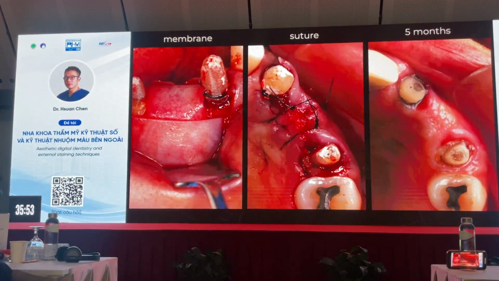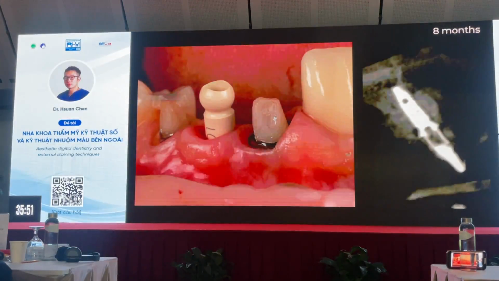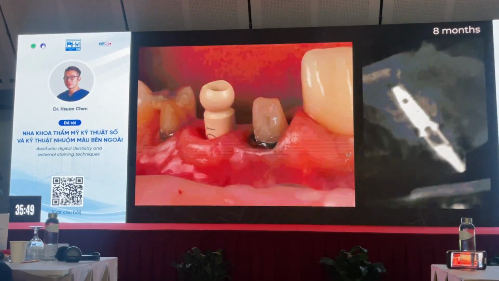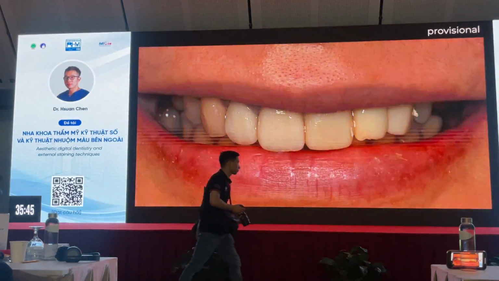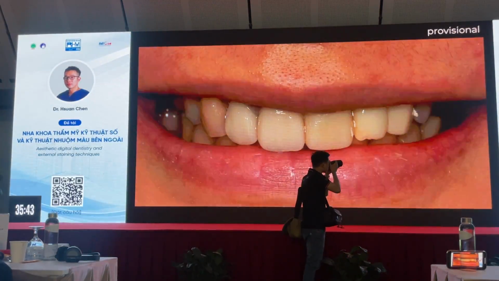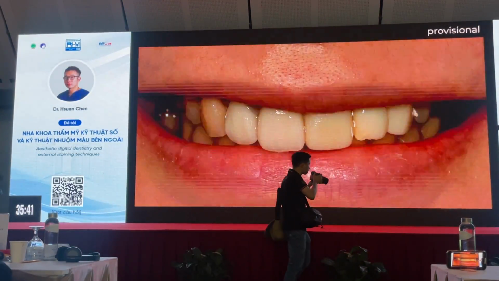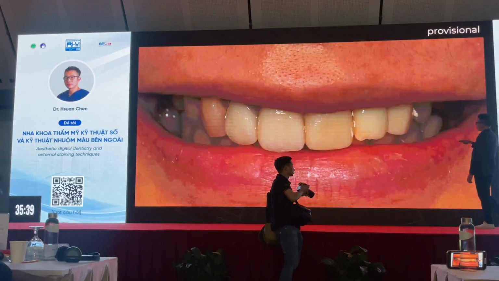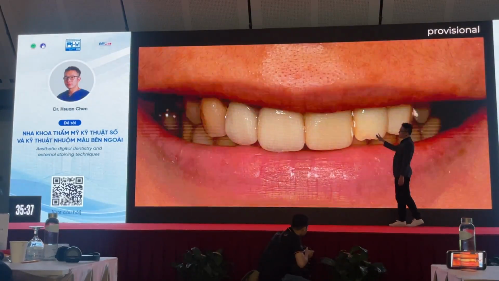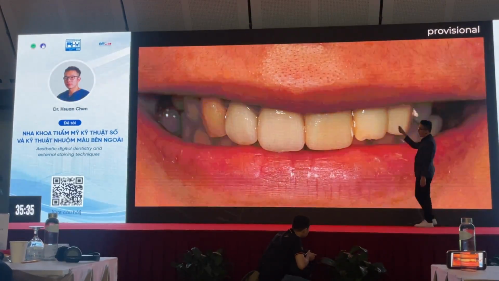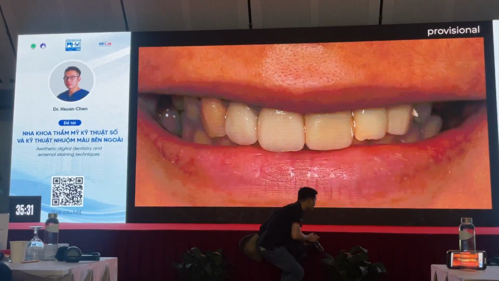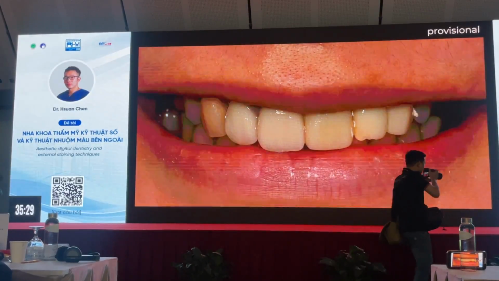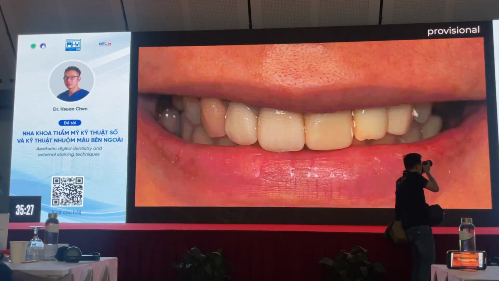Okay? So now I can insert the scan post, which is for the intraoral scanner, and then do a temporary. This is an actual implant right now, but this is on a temporary. I'm trying to check to see if I need to do any soft tissue manipulation, but because her smile doesn't show any gingiva, this is okay.